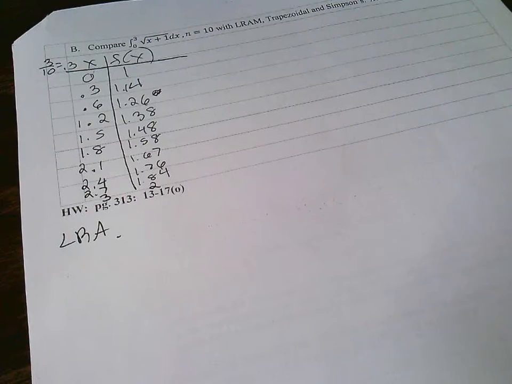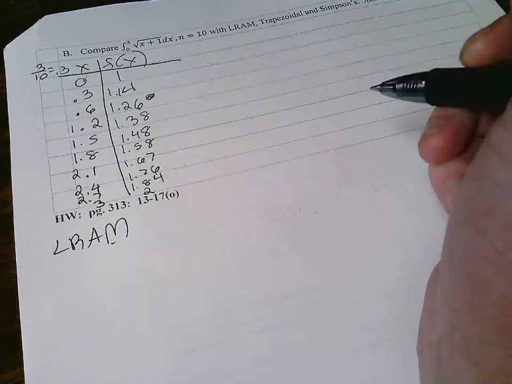All right, so LRAM, if you can remember, is b minus a over n.